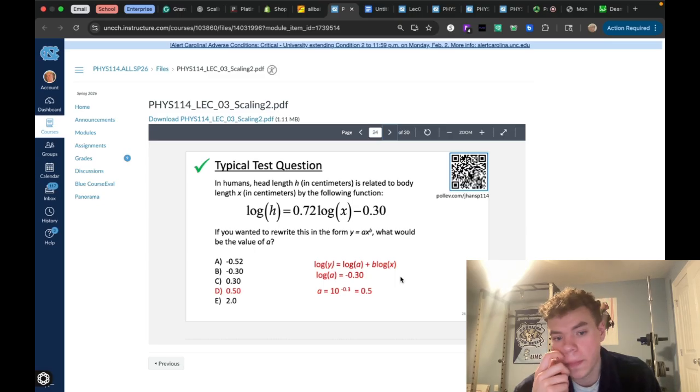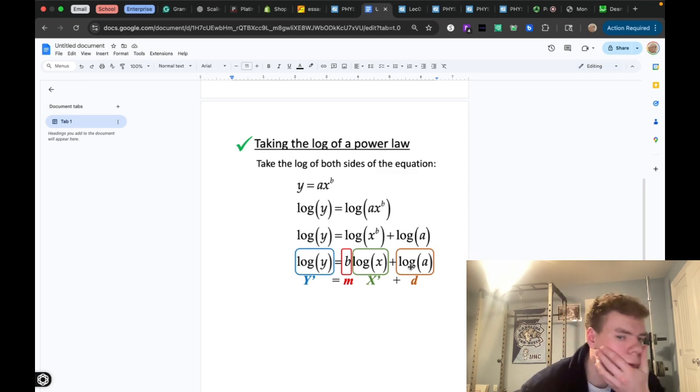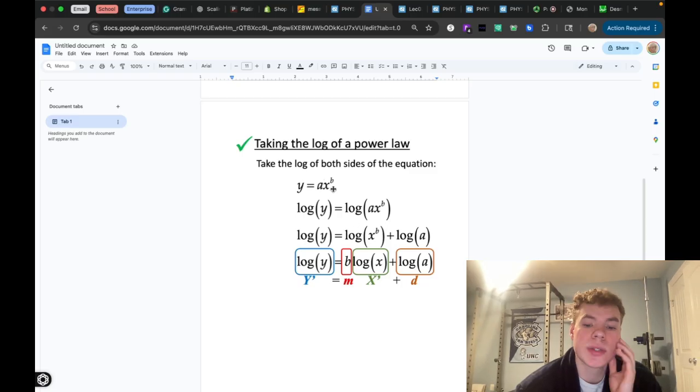No, it's not. So, oh yeah, because so log of A. I guess it's saying it's directly equal to it.